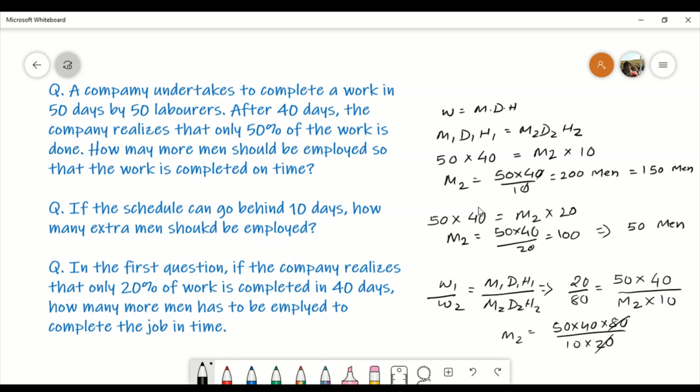Which is 20. This is 4, 10, 4. So this is 16. 16 into 5 is 80. So 800 men. So that means we will require 750 more men to complete the job in time if only 20% was done in 40 days. So this is how we can apply the simple formula, which is the MDH formula, to tackle different types of questions.